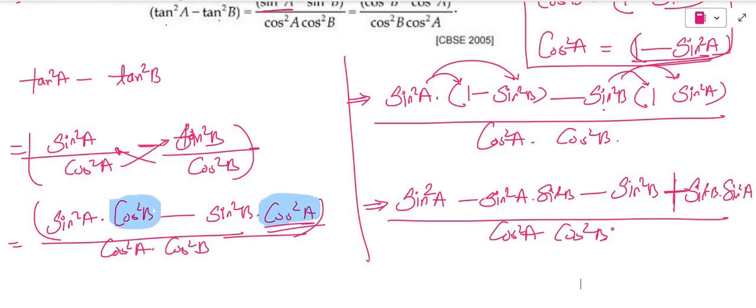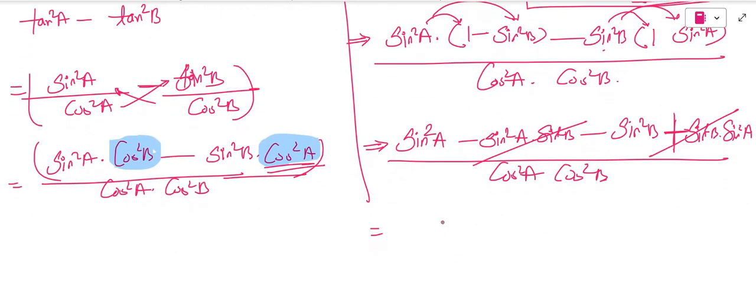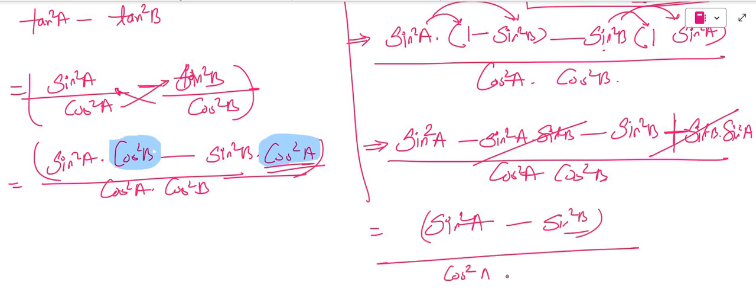So what are you getting now? This and this are cancelling. So I am getting same thing what we have to prove. So sin square a minus sin square b divided by cos square a cos square b. Hence proved. First part is done.